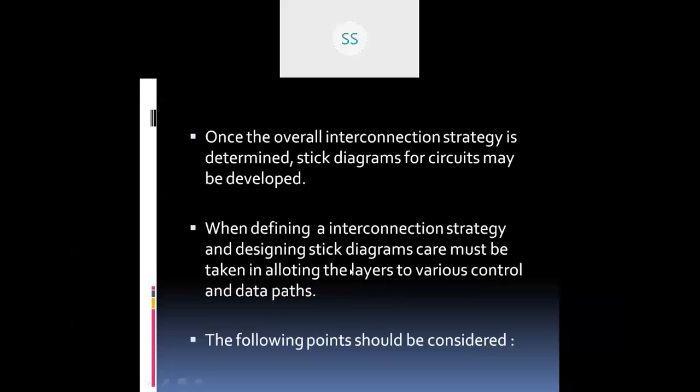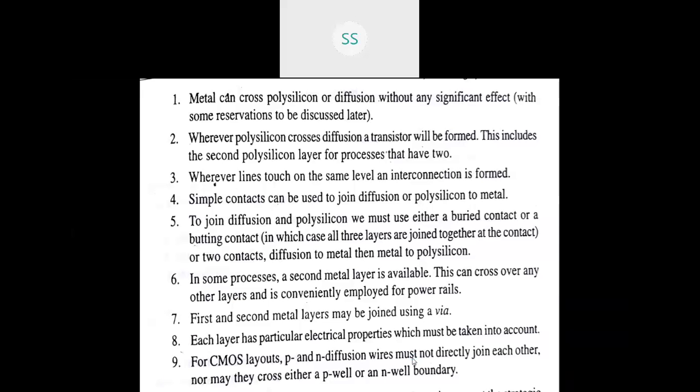Whenever we want to represent that 4-bit data path using stick diagrams, what rules or care should be taken while representing it? The following points should be considered. Some of the points we also know from module 2, where we used to draw the NMOS and CMOS stick diagrams.